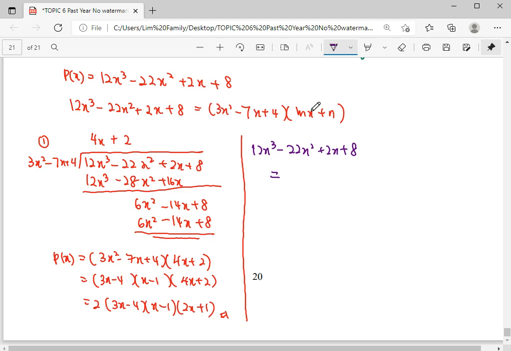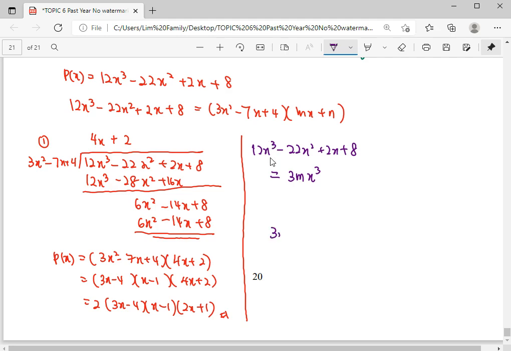Okay, so we try to expand. You can see this one, 3x squared times x here will be 3mx cubed. So straight away we can see the comparison for m, because the coefficient of x cubed is 12.